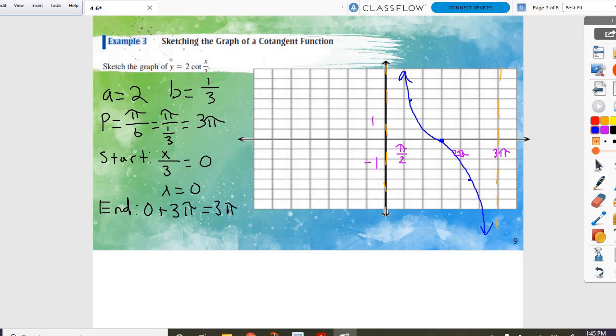And all of our other transformations are going to be very similar. For the most part, I'm going to focus on period changes and amplitude changes for tangent and cotangent. And then we'll look at more phase shifts and things like that when we get to our cosecants and our secants.